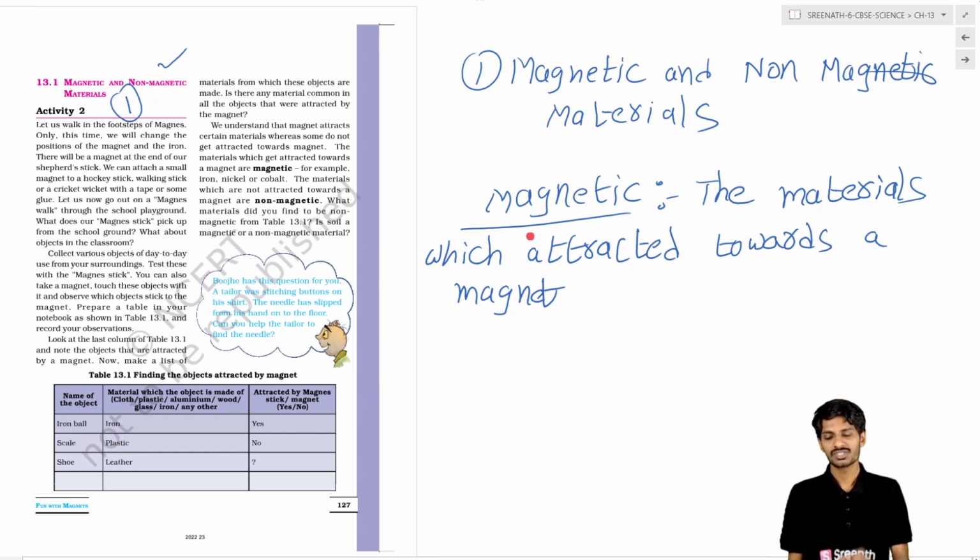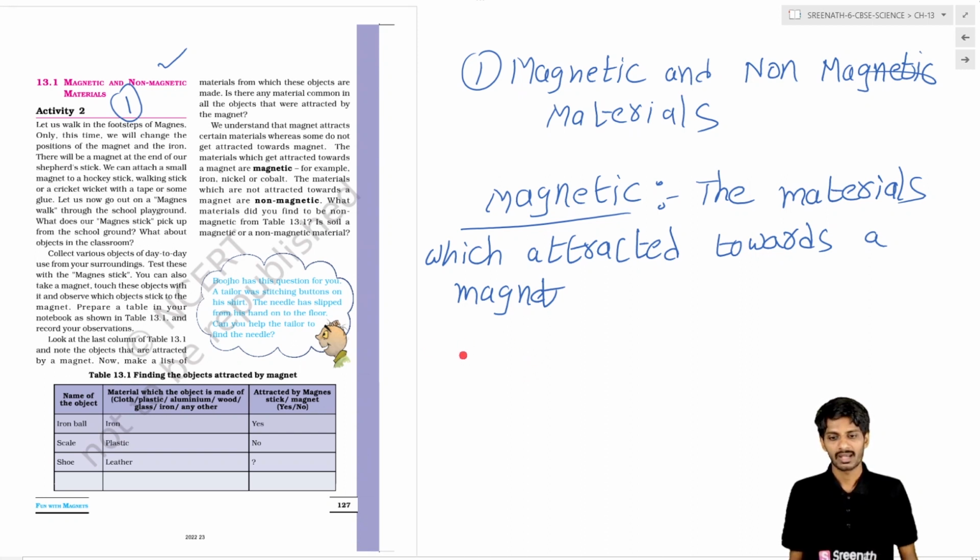Any materials which are attracted towards a magnet are called magnetic materials. If you want to know clearly about this, take a bar magnet and take some of the objects around you, and move all those materials near to the magnet. If any material is attracted towards your magnet, then we can call that material a magnetic material.